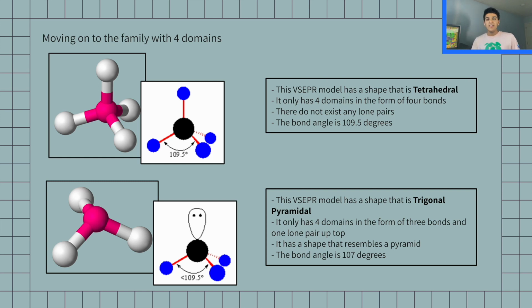In this case, the 4 domains are in the form of 3 bonds and 1 lone pair up top. That lone pair up top, again, creates repulsive forces, causing all of the bonds to move down a little bit, which brings about this pyramid-like shape. Finally, the bond angle within a trigonal pyramidal VSEPR model is 107 degrees.